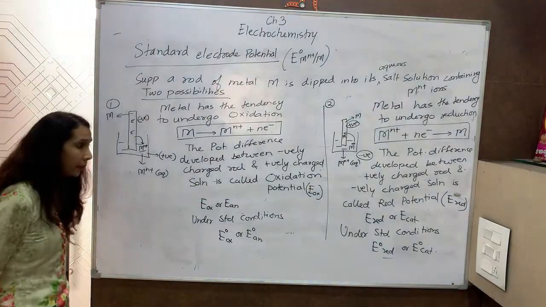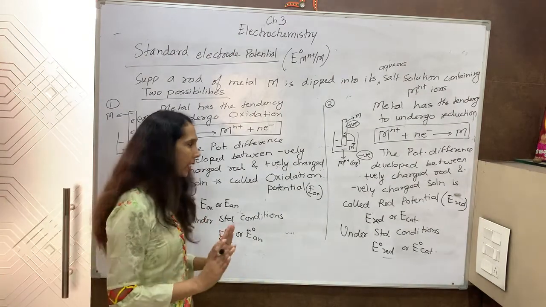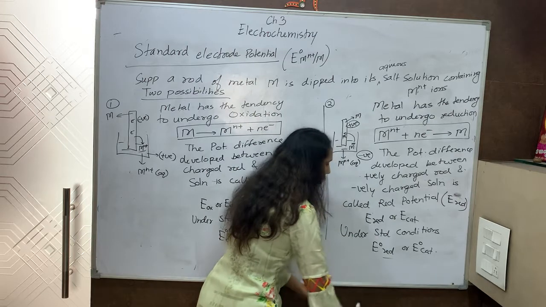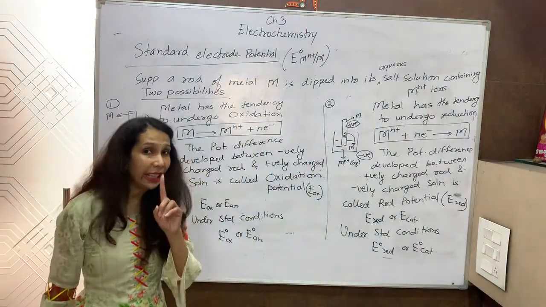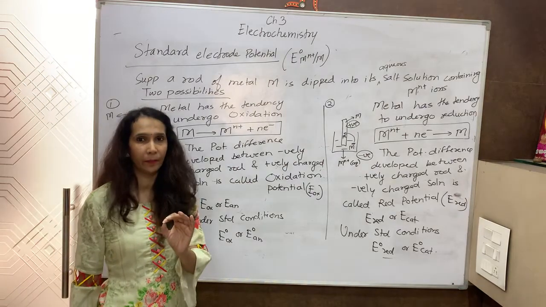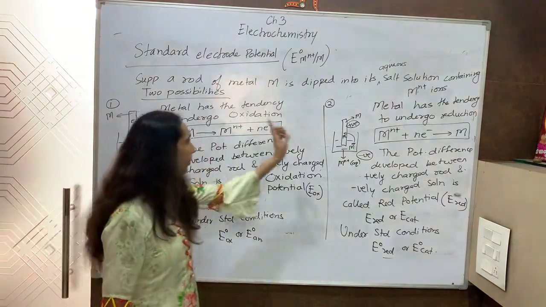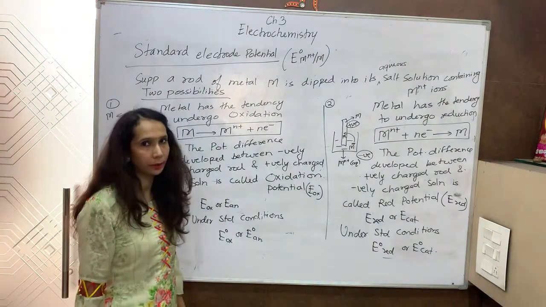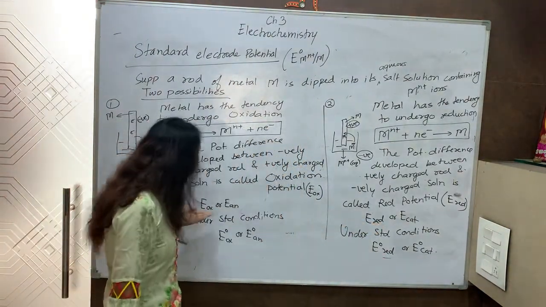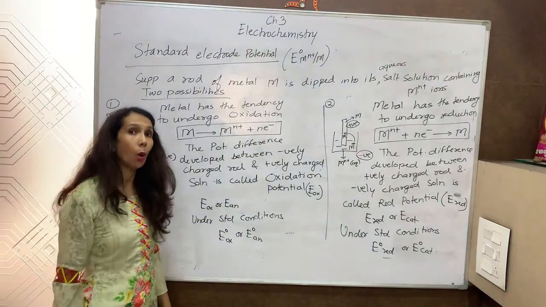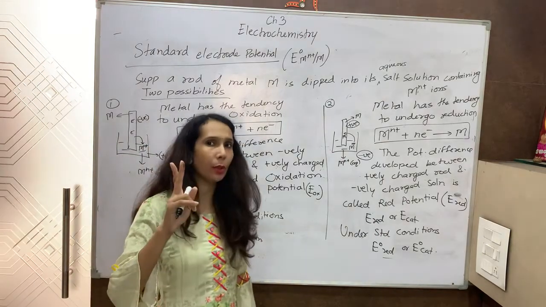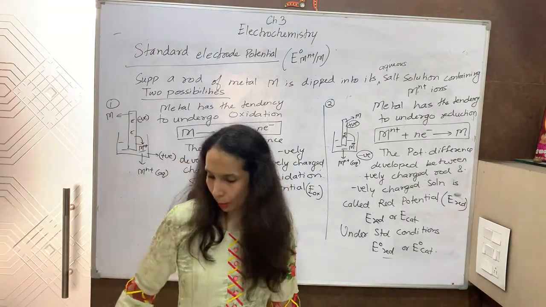What does this mean? For a particular metal, E naught oxidation and E naught reduction are equal but with the opposite sign. Again, I am repeating: these two reactions are just reverse of each other, so their standard electrode potentials are also reverse of each other. What do I mean by reverse? The magnitude is the same but the sign is opposite.